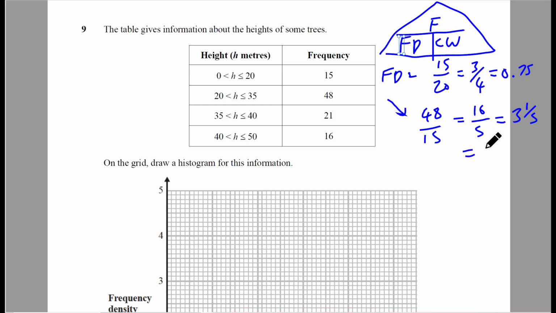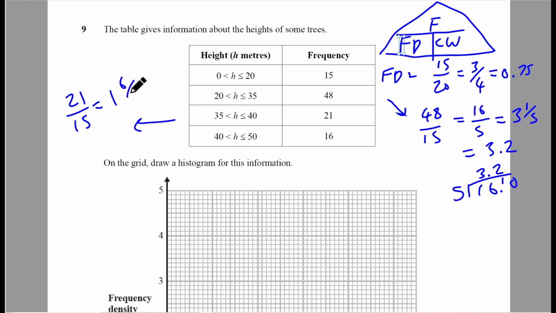And you should know that's 3.2. If you can't do that, do bus stop: 5 into 16 is 3, remainder 1, so that's 3.2. I'm going to do this over here for space. So we've got 21 over 15 now, which you should be able to see is 1 6 over 15.